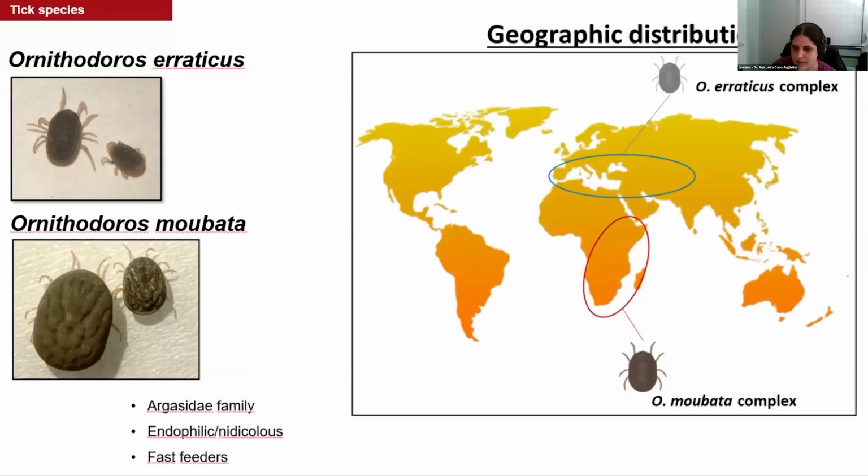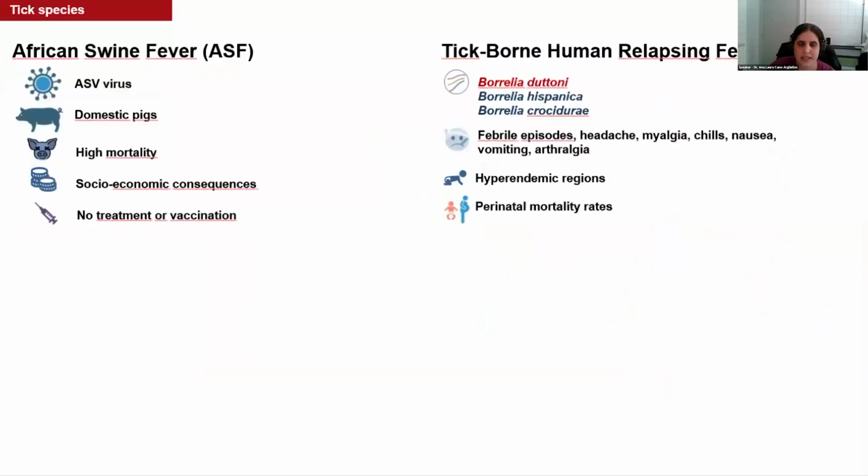Why are these tick species important? Well, they are vectors for several diseases such as African swine fever, which affects domestic pigs and can have a high mortality rate, reaching 100% in some cases. But they can also transmit Borrelia spirochetes, such as these ones, causing tick-borne relapsing fevers in humans.